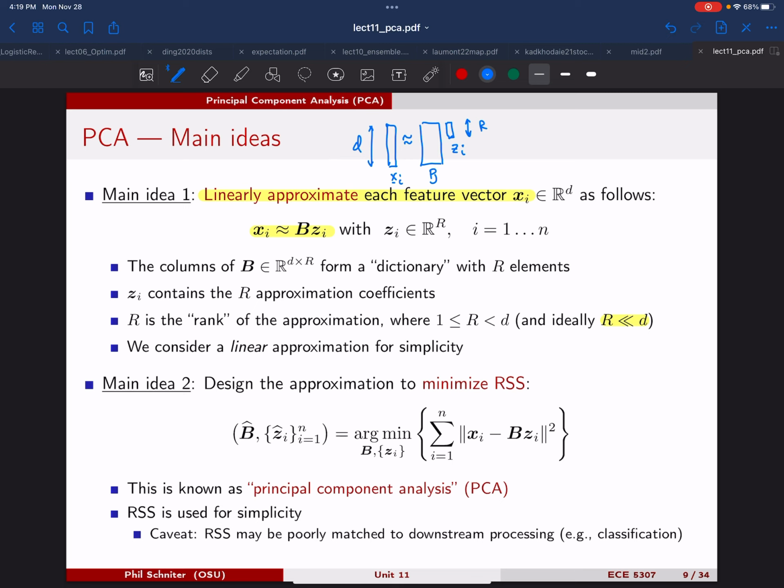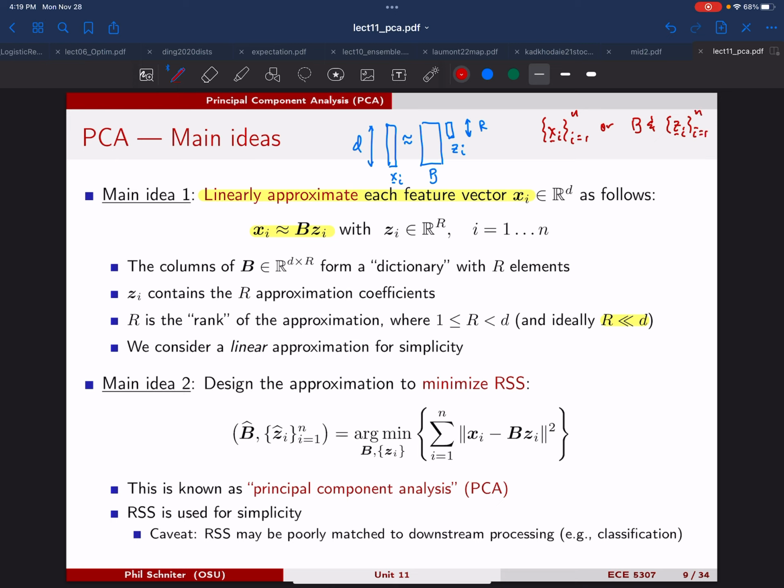So what we'll have to do is figure out how to design B and zi for all the i. But once we do, you can see that on one hand, I could have a data set of samples xi, where i goes from 1 to n, or if we want to use PCA, we could have B and the vector zi, where i goes from 1 to n.